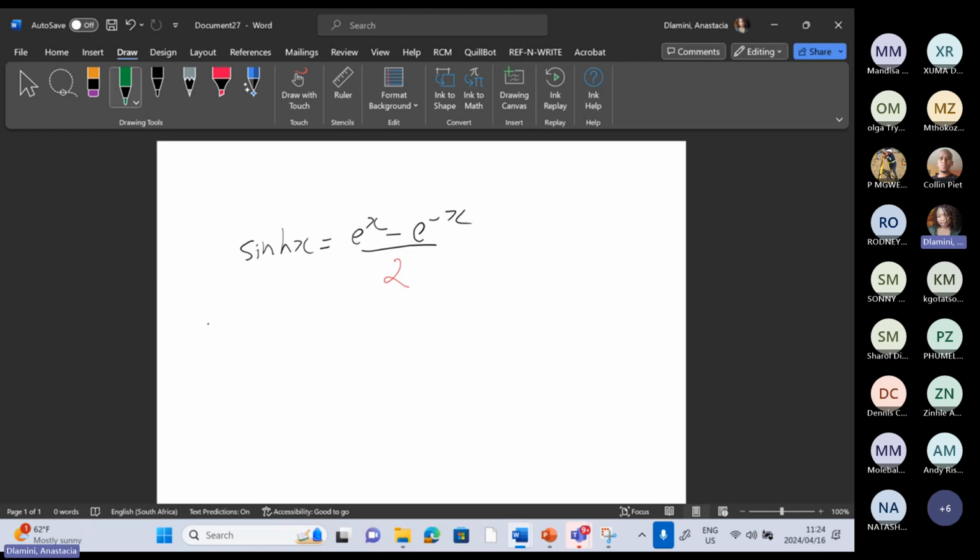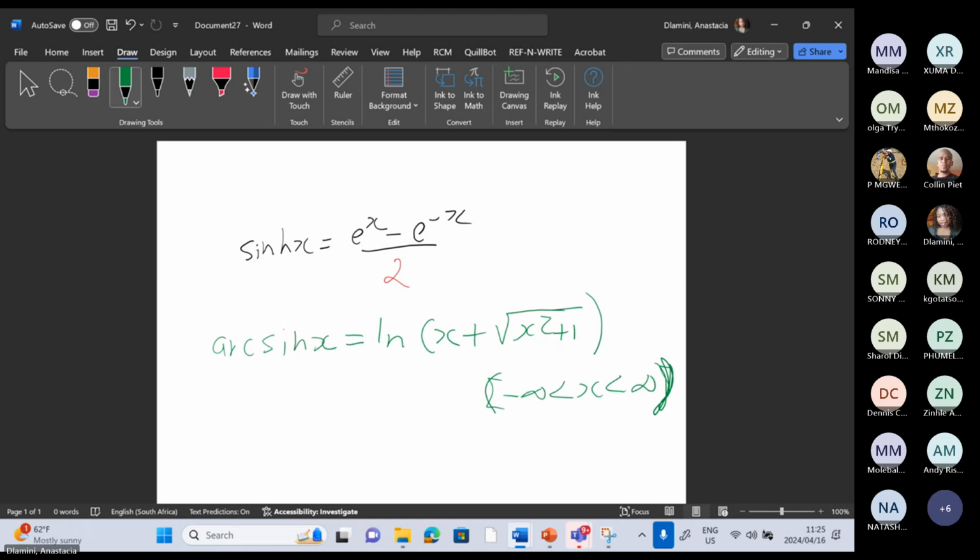So what is on page 64, the arcsinh of x, should be ln of x plus the square root of x squared plus 1. Here they're defining the domain, where x should be between negative infinity and infinity. Are we all together there?